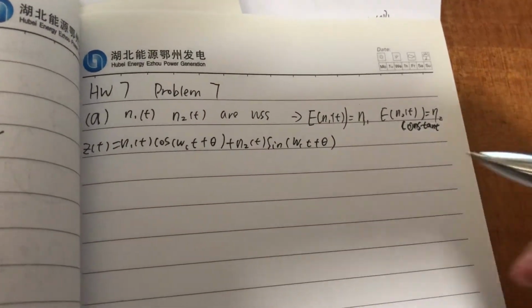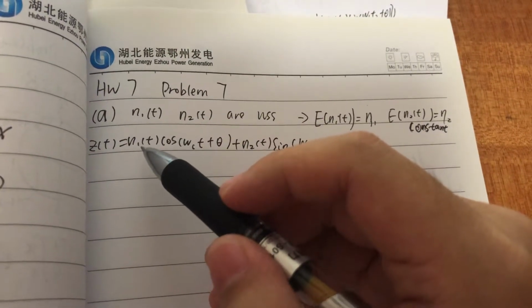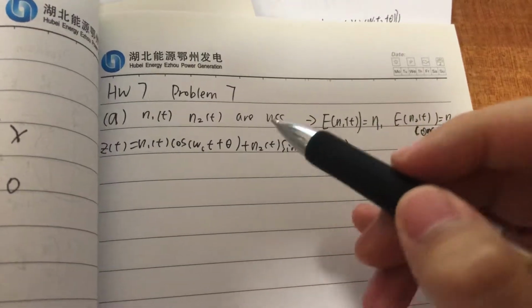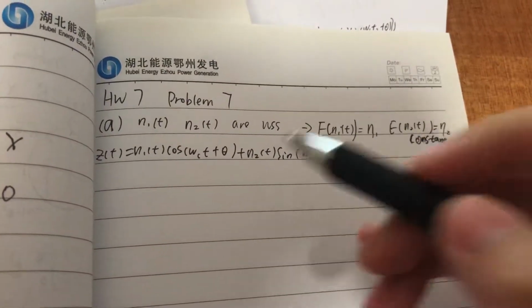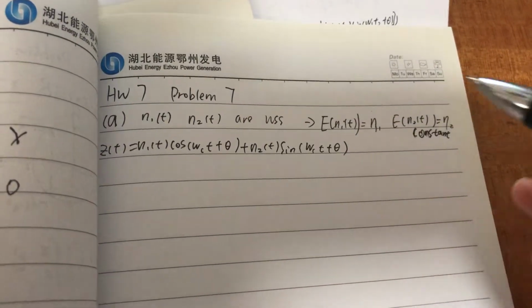The problem provides a function g(t) equal to N1(t) cosine(wct plus theta) plus N2(t) times sine(wct plus theta).